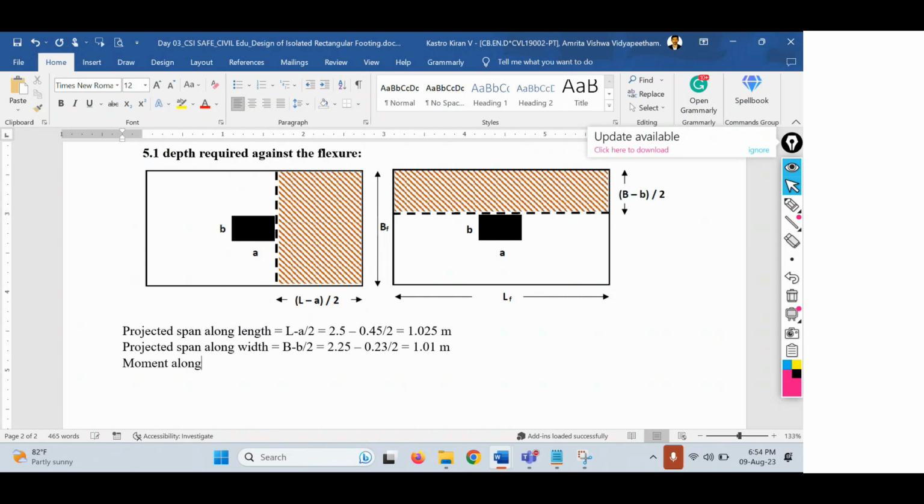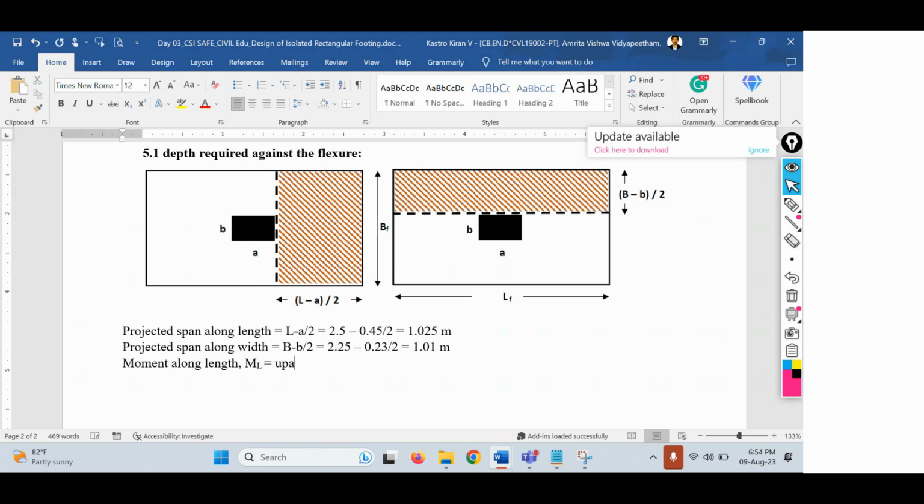So moment along length, I'll just call it M suffix L. Moment along length direction equals, how to do that?